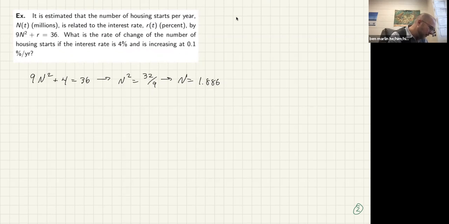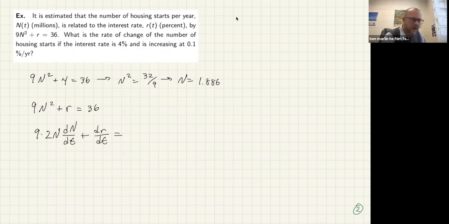So we're going to think about 9n squared plus r is equal to 36 and differentiate implicitly so that you end up with 9 times 2n dn dt. I wrote my t wrong. Plus dr dt is equal to not 36, because you have to take the derivative of a constant, so we get a 0 there.